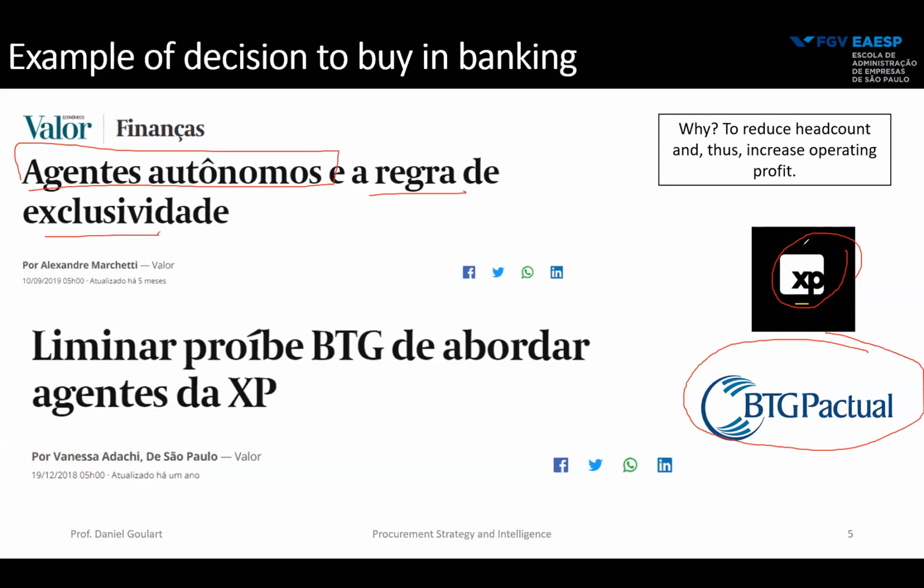They started to incentivize people that were former banking employees, or people that were in banks but were not happy in their positions, and they motivated those guys to open their own companies, which had as focus to sell XP's products.